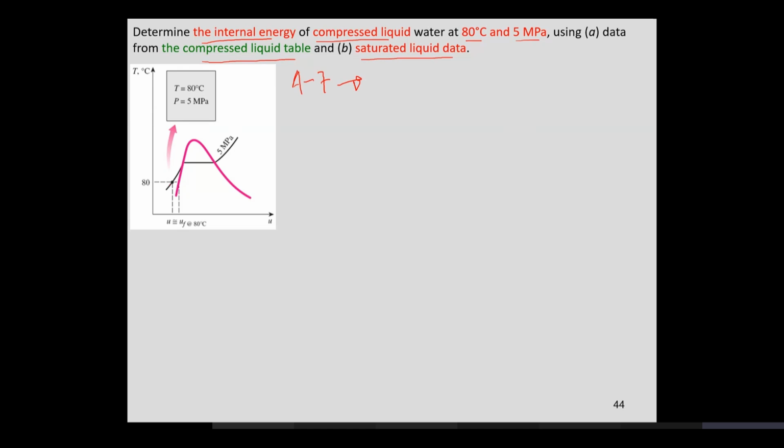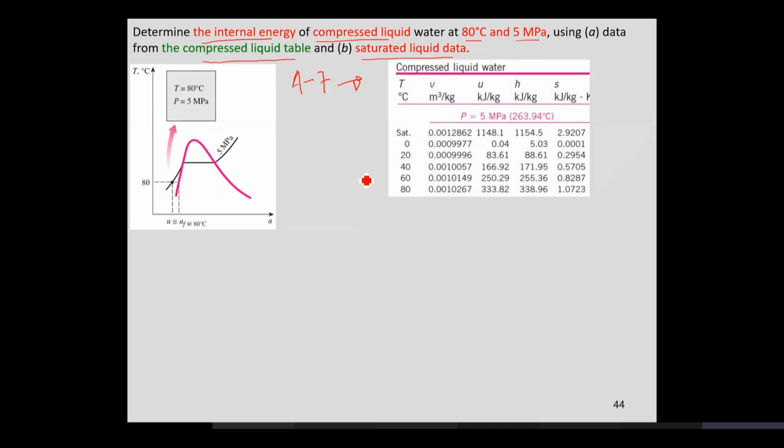If you go to table A7, the first thing is you will find the pressure corresponding to the state given to you, which is 5 megapascal, and the temperature correspondingly is 80 degrees centigrade. So the value of internal energy corresponding to this condition would be 333.82. This is finding the exact value from the compressed liquid table.